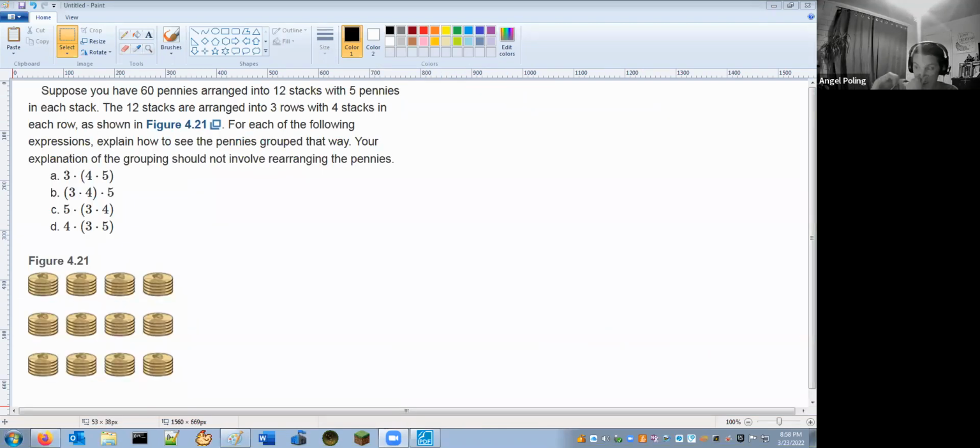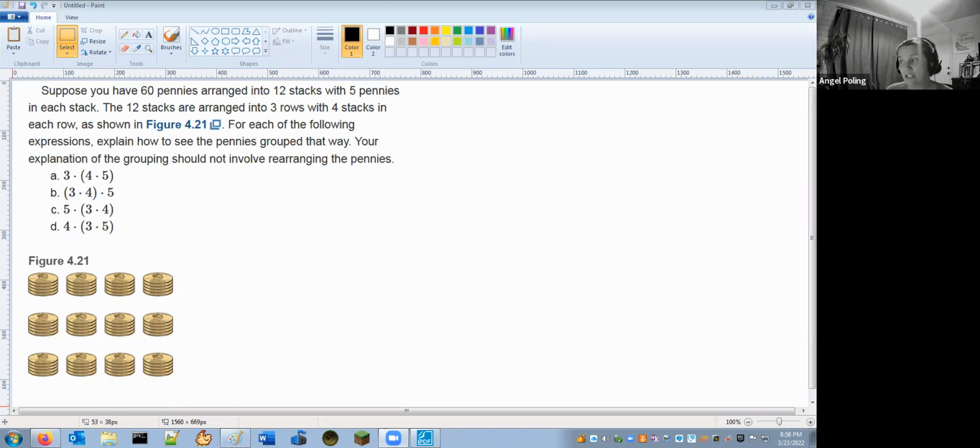Okay, 4.3. Suppose you have 60 pennies arranged into 12 stacks with 5 pennies in each stack. The 12 stacks are arranged in 3 rows with 4 stacks in each row, as shown in figure 4.21. For each of the following expressions, explain how to see the pennies grouped in that way.